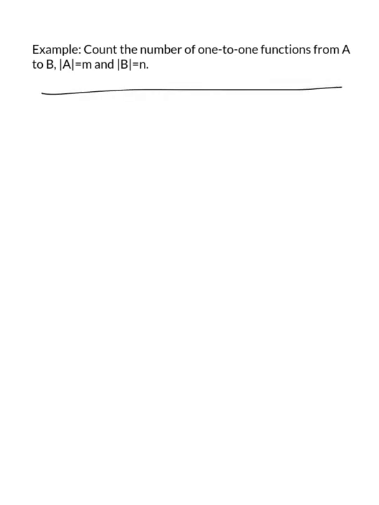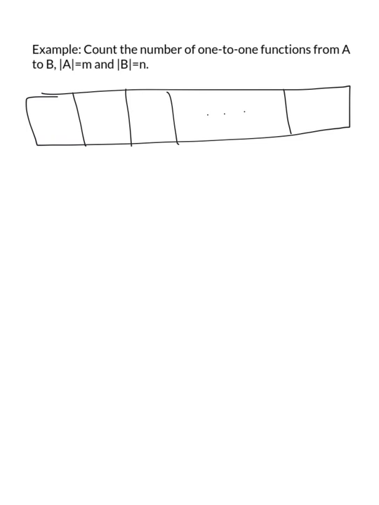I again write my cells as before, and remember that these represent the possibilities for f of a1, f of a2, all the way to f of am. Now, a function which is one-to-one, remember that it can map at most one element of A to any element of B.